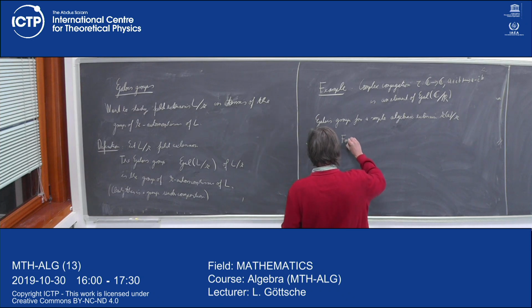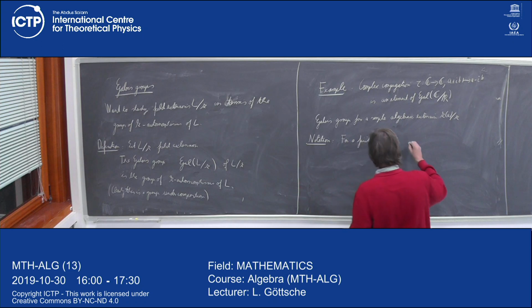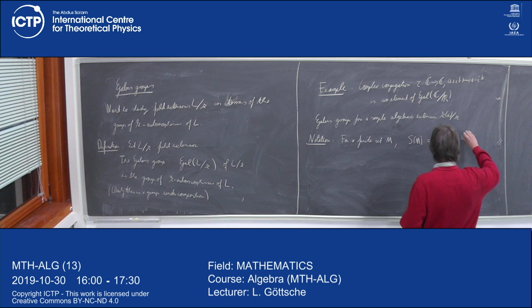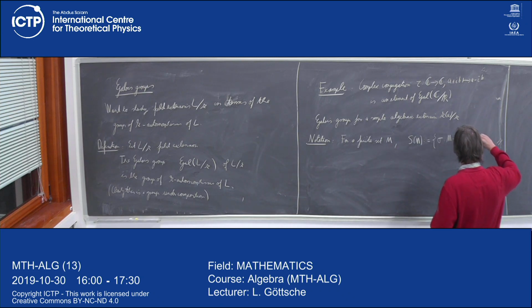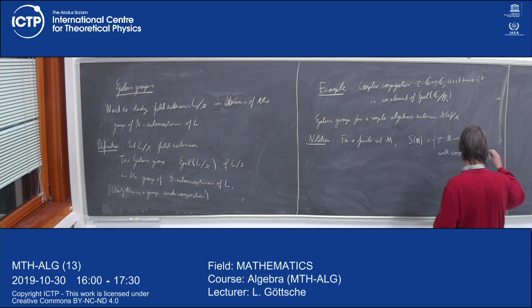For a set M, it doesn't have to be finite, as before, we defined S(M) to be the set of all permutations of the elements in M, so all sigma from M to M bijective maps, with the composition as a product.